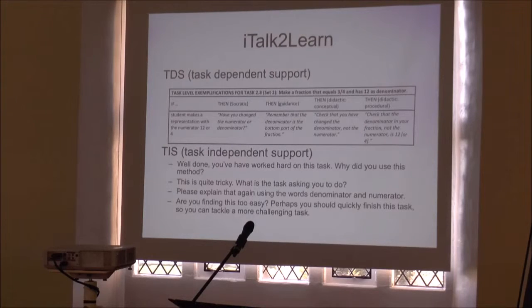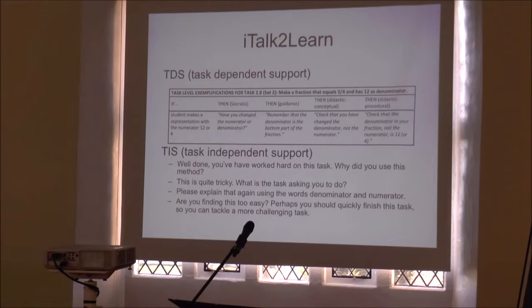So the feedback we designed in the system is both what we call task-dependent support and task-independent support. The task-dependent support focuses a lot on the problem that you have at hand. So for every task, there is a set of rules and an expert system that, as you are working with the system, provides support on the task.